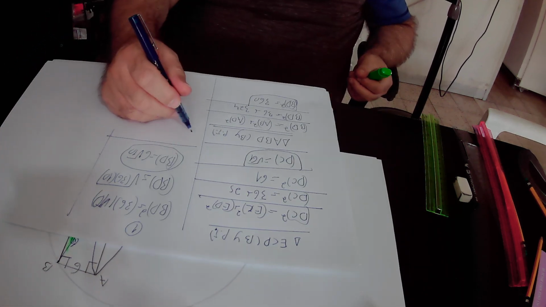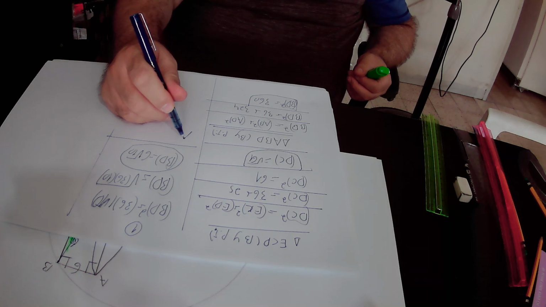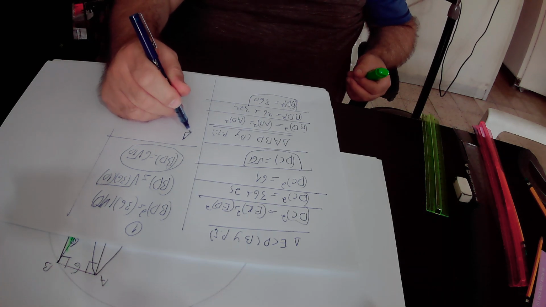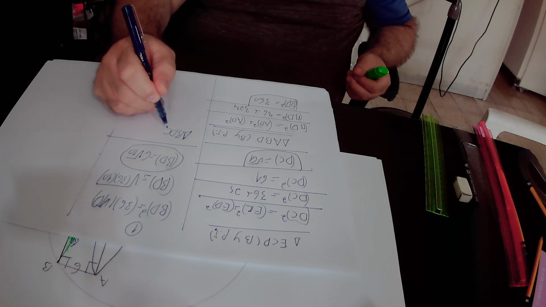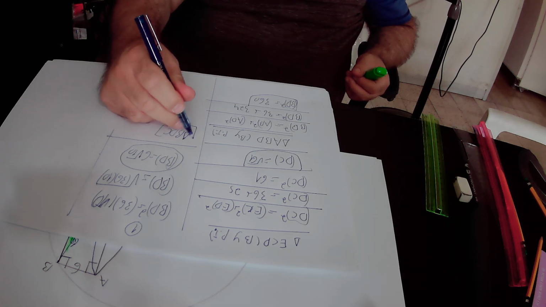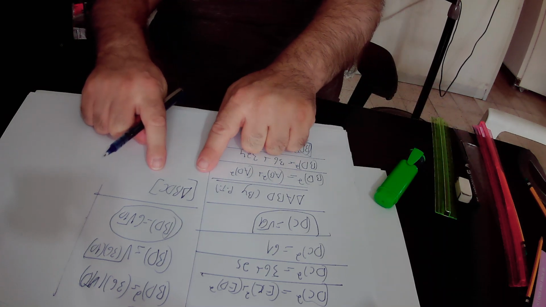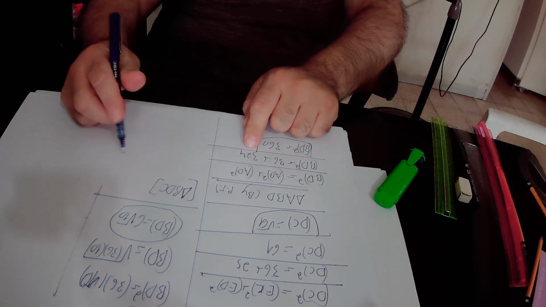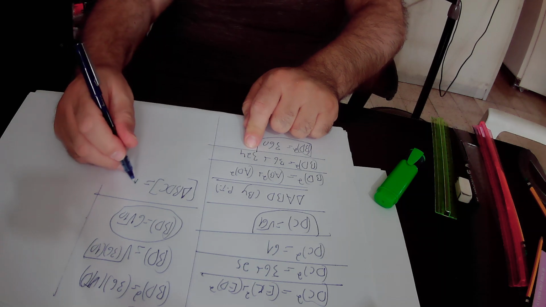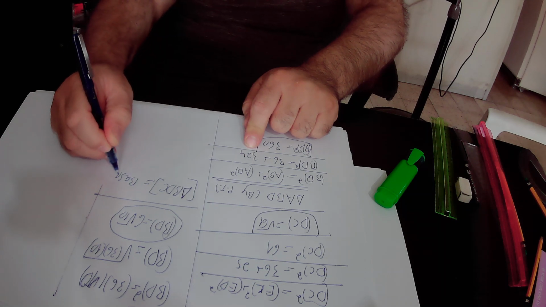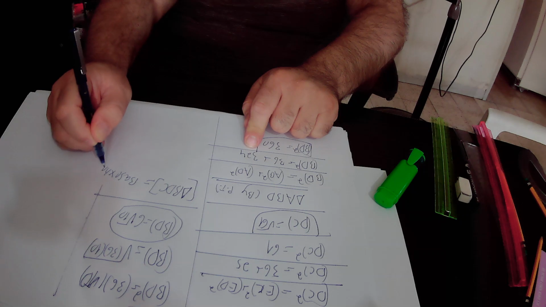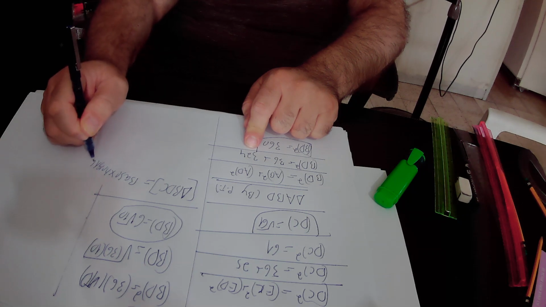The area of any triangle, and especially the area of triangle BDC. Here, the squared brackets is the sign for the area. It means the area of triangle BDC will be equal to the base of the triangle times the height to the base over 2.